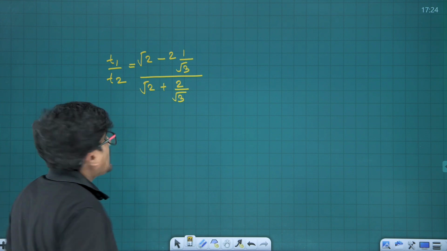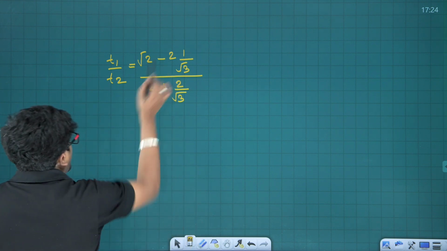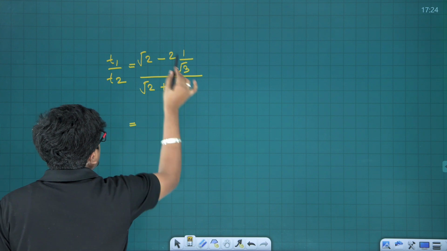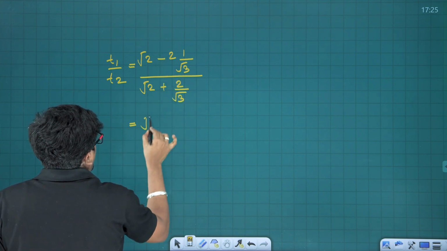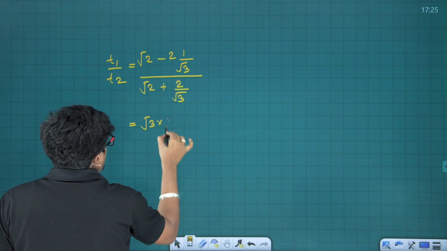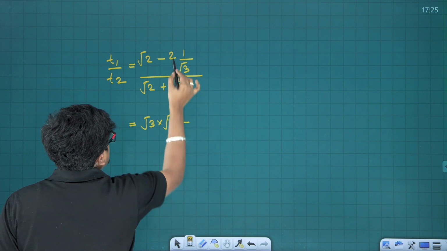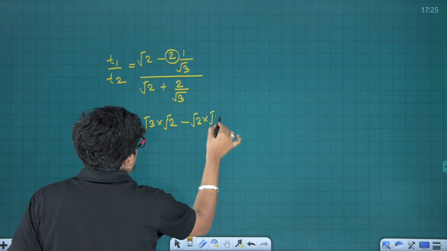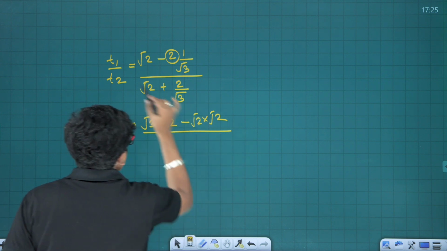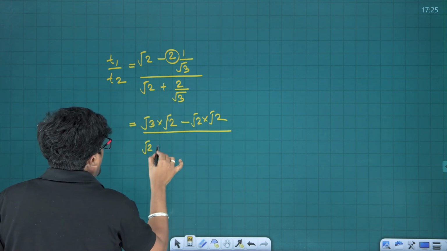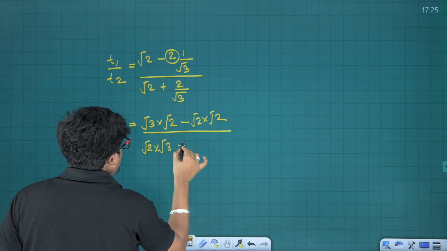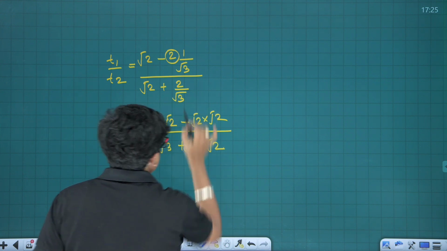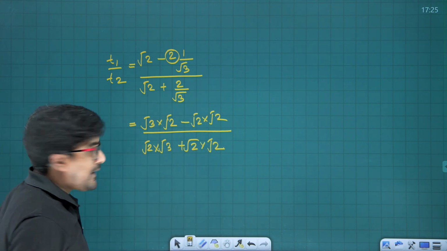If I go ahead with the calculation, just have a look. Here this is going to be under root of 3 into under root of 2 minus, I can mark this as root of 2 into root of 2, all divided by root of 2 into root of 3 plus under root of 2 into under root of 2. Alright.